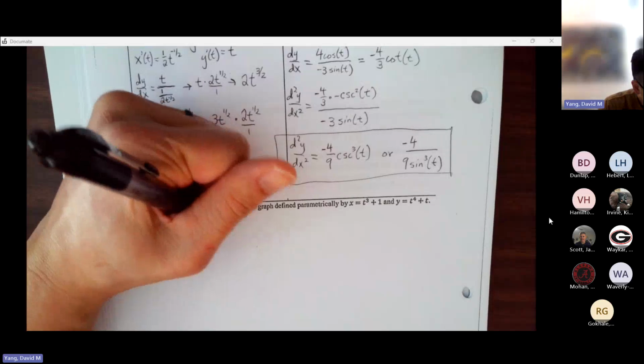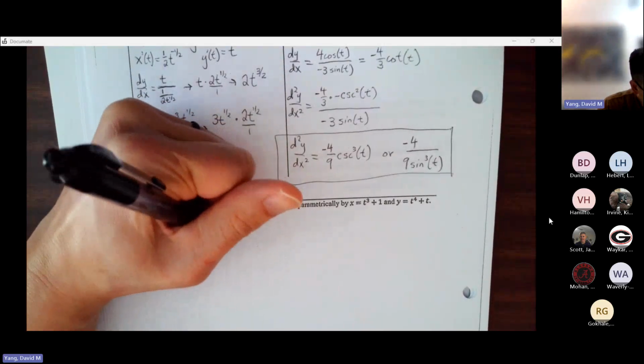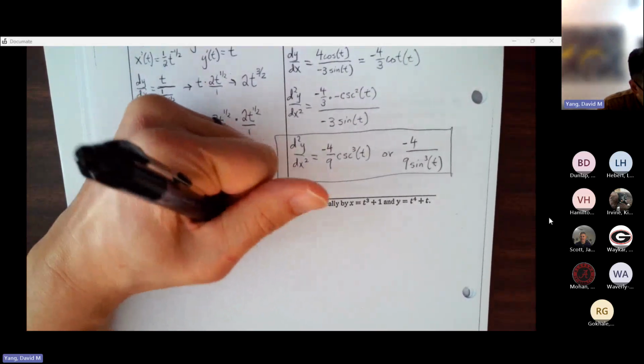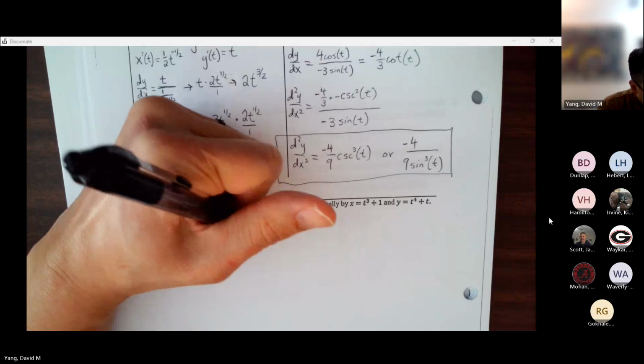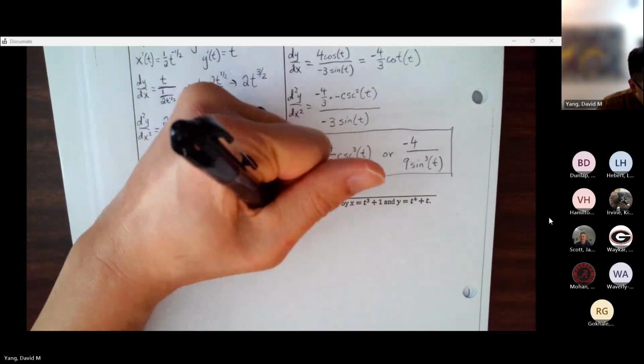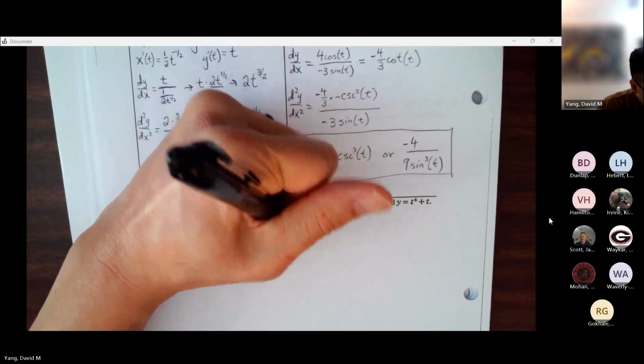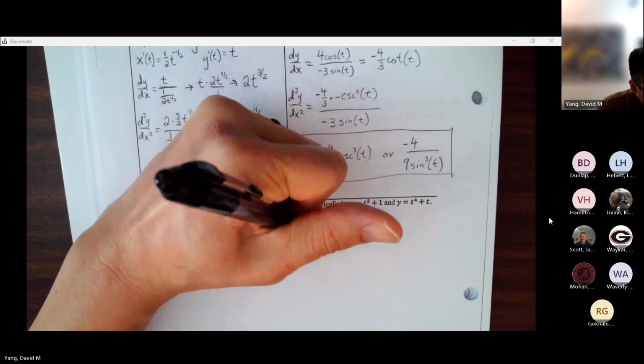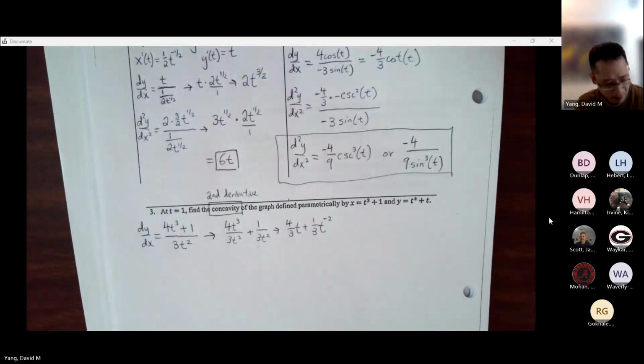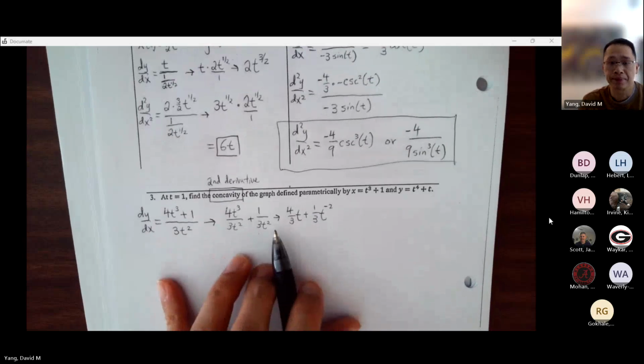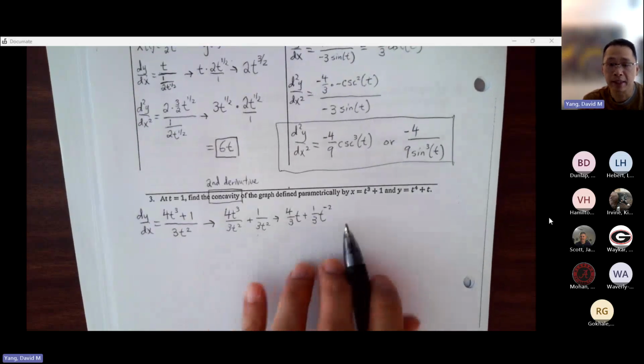So I'm going to write this as 4t cubed over 3t squared. Okay, so there's my dy dx.